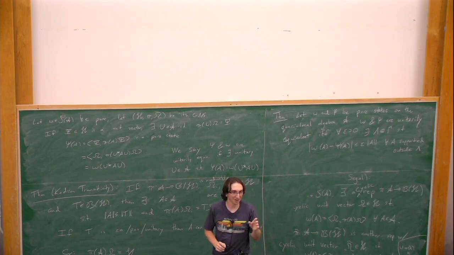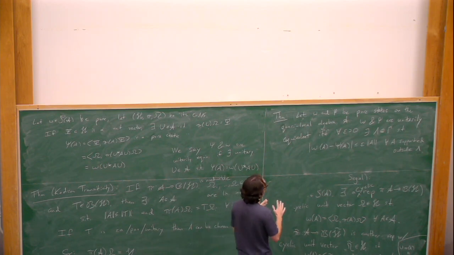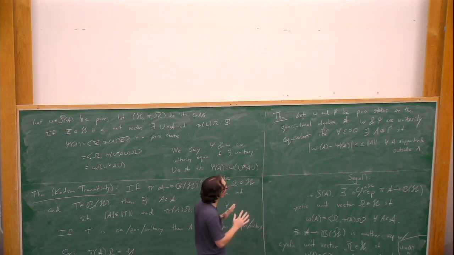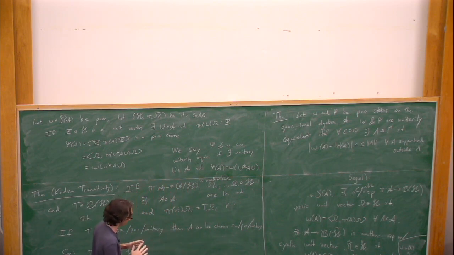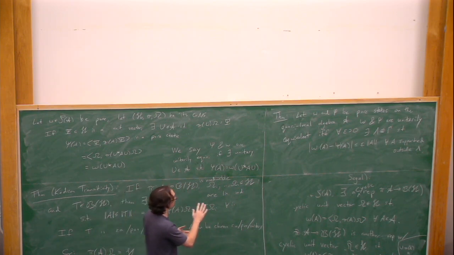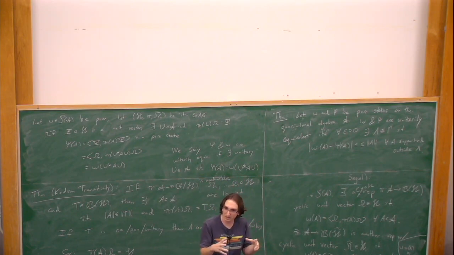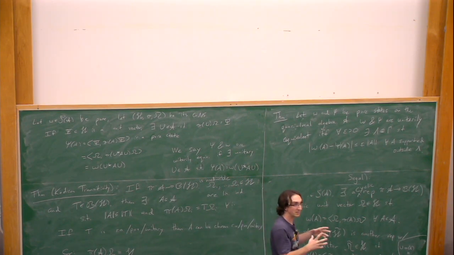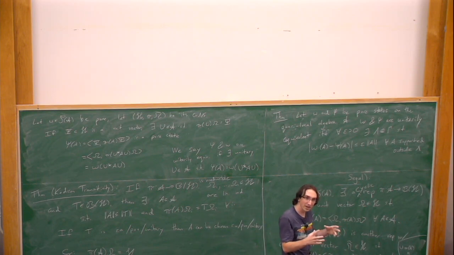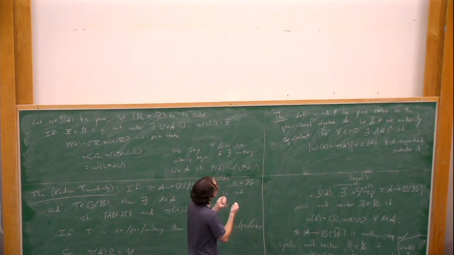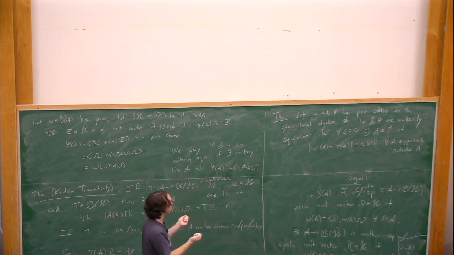I promised you at the start of my lecture 1 that there are phenomena that happen for infinite lattices that do not happen on any finite system size. And this is one of them. For a finite system size, all pure states are unitarily equivalent. For an infinite system, that need not be the case. Two states can be not unitarily equivalent.